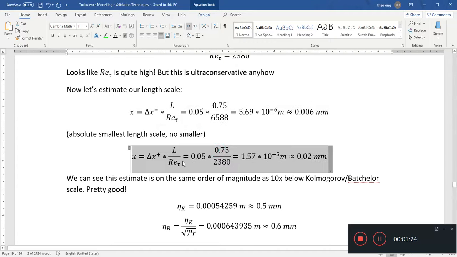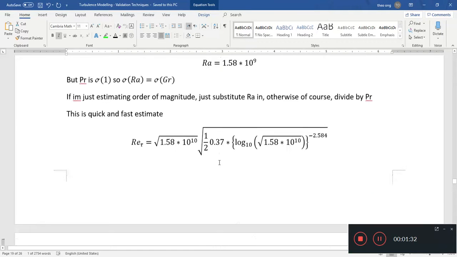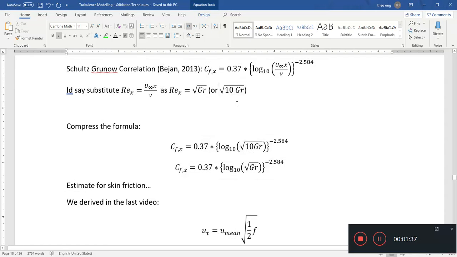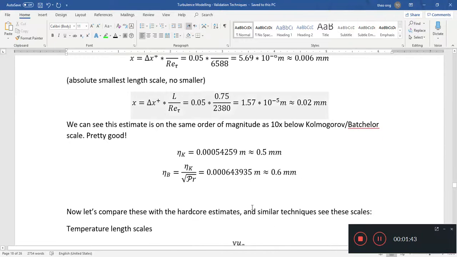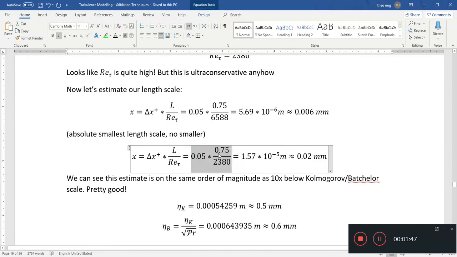If we take a look at a different length scale, using the buoyancy velocity based on the Grashof number, which means I just put the Grashof number into the formula and repeat the same process, we will get 0.02 mm.